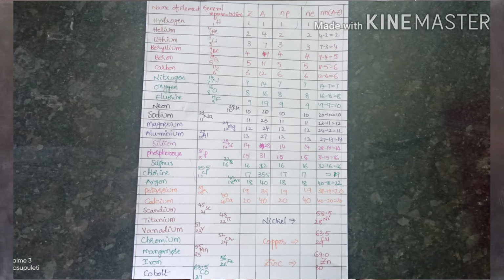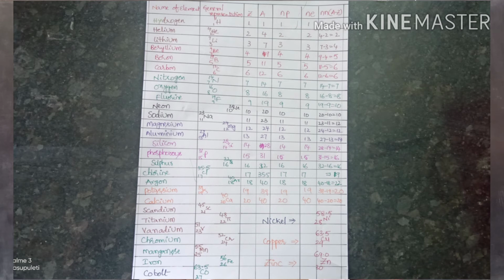So its representation is Ar1840. Potassium, Latin name is Kalium, its atomic number is 19, mass number is 39. So its representation is K1939. Calcium, atomic number is 20, mass number is 40.